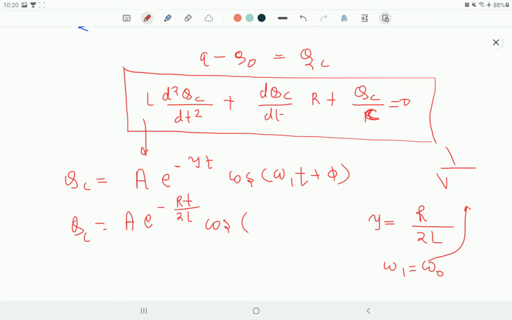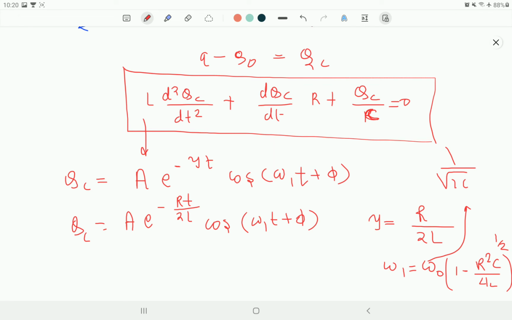Omega naught is 1 by root LC, times the square root of 1 minus gamma square by omega naught square. Gamma square is R square by 4L square, so it would be R square C by 4L, and one half of this. So this is cos(omega 1 t plus phi).